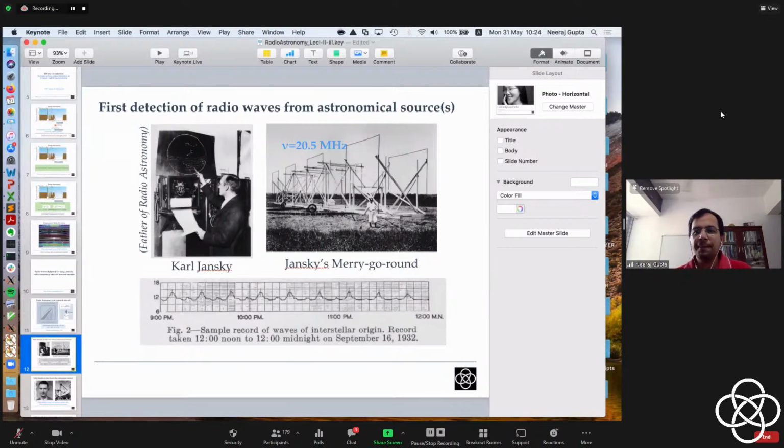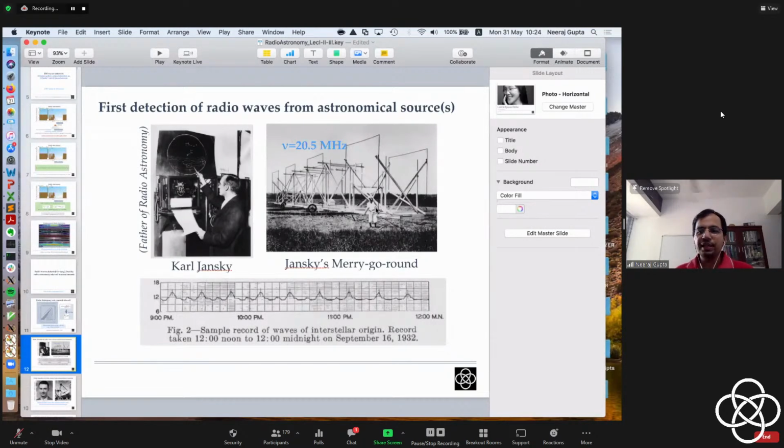What Jansky did was build an antenna, which you can see here on the slide. It operated at 20.5 megahertz and was mounted on a turntable that allowed it to rotate, so that he could scan different parts of the sky.